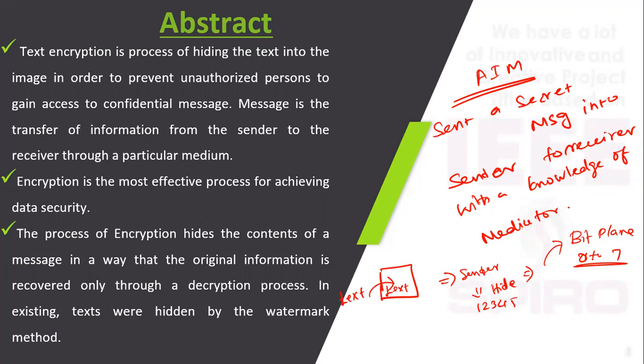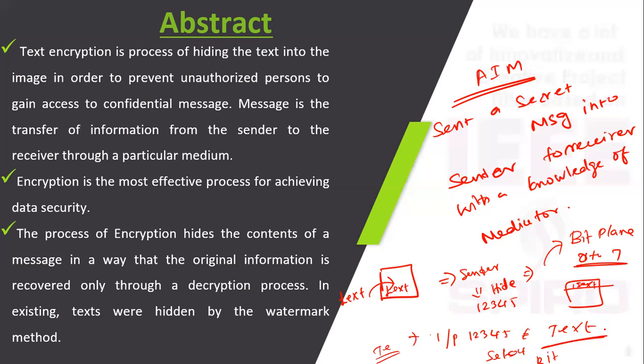With the help of this bit plane, you hide the text into the image. This is the sender side, and on the receiver side, they give the same input, 1 2 3 4 5, select the bitplane number, and finally get the text.